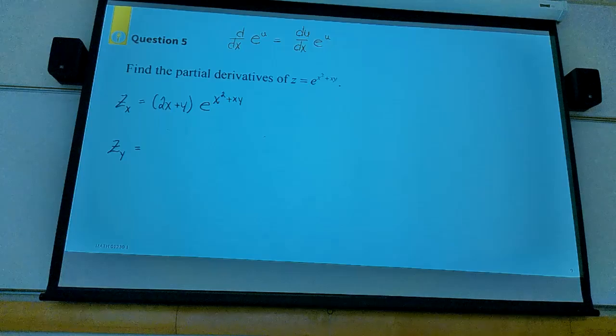Partial of u with respect to y now. It's just x. x squared is a constant. Derivative of a constant is 0. And then e to the u.